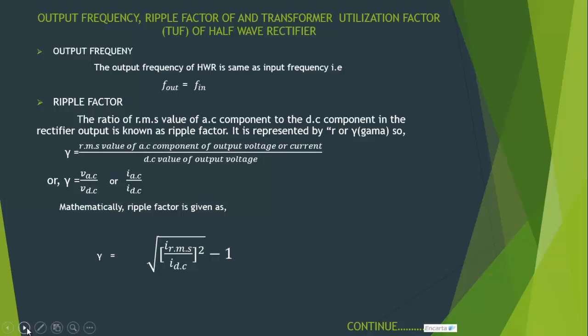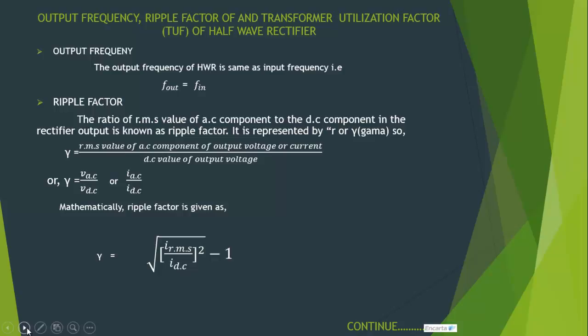So, the ratio of RMS value of AC component to the DC component in the rectifier output is known as ripple factor. Mathematically, ripple factor is given as gamma, that is gamma is equal to RMS value of AC component of the output voltage or current to DC value of output voltage.